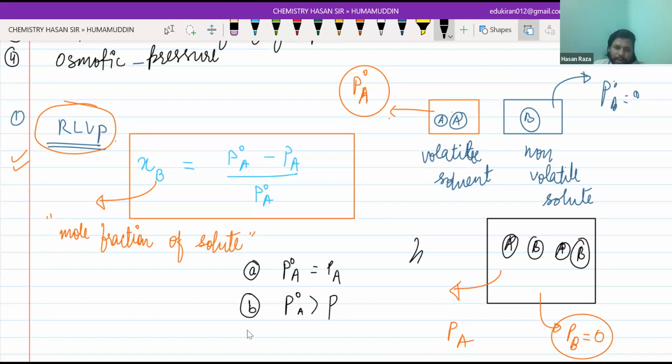And for C, will that partial pressure be greater than the original pressure after mixing it? And option D is none of this. What do you think? Which one of the following is correct?